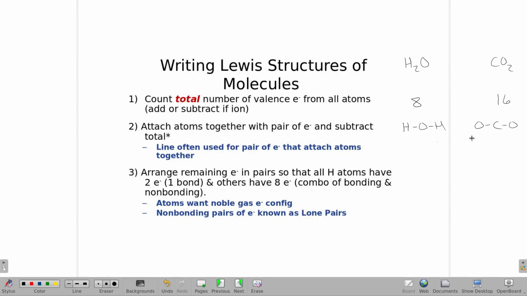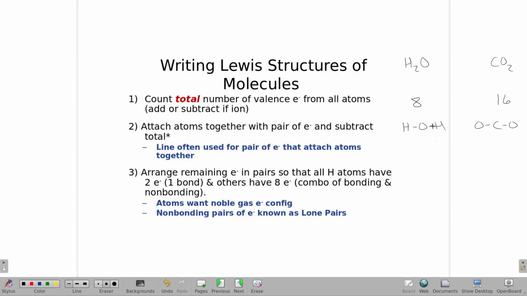Alright, so we've arranged them in space. Step 3, we're going to arrange the remaining electrons to get 8 on anything other than hydrogen and just 2 electrons on hydrogen. I typically go with the outside atoms first. So on H2O, I would look at this hydrogen, see, well, it sees those 2, it's fine, it's got 2 electrons, and so does that one.